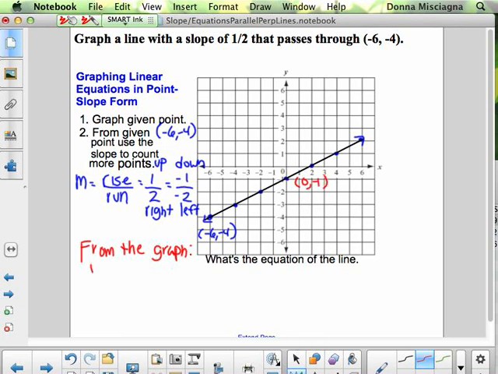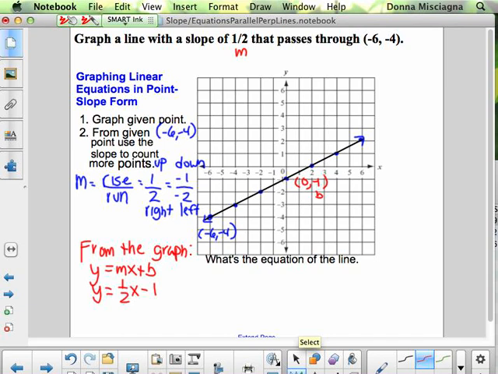So the format in slope-intercept form is y equals mx plus b. m is the slope, and b is the y-intercept, where it crosses the y-axis. So y equals 1/2 x minus 1 is the equation for the line in slope-intercept form.